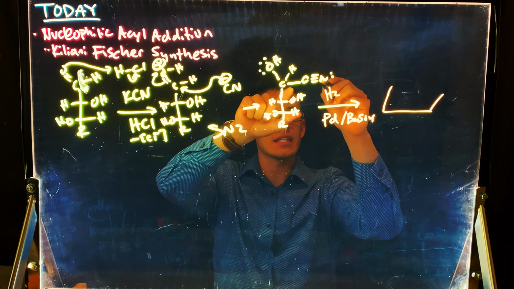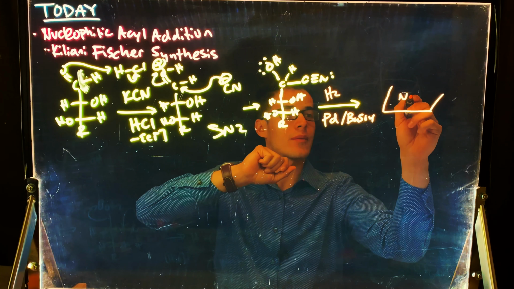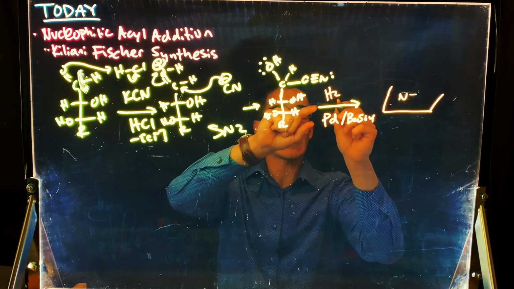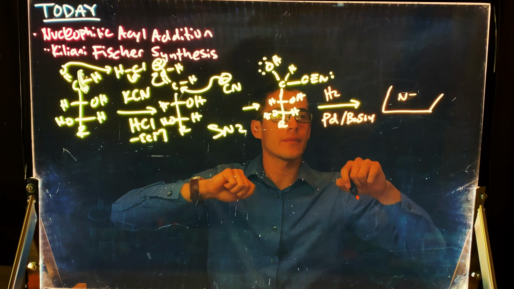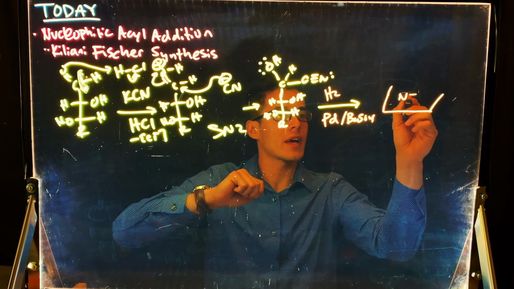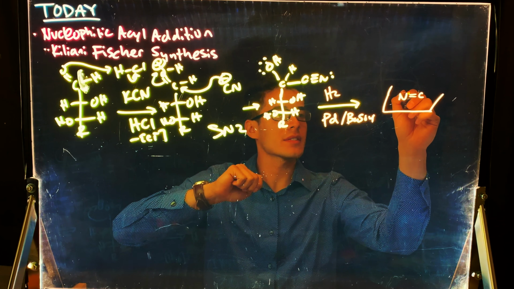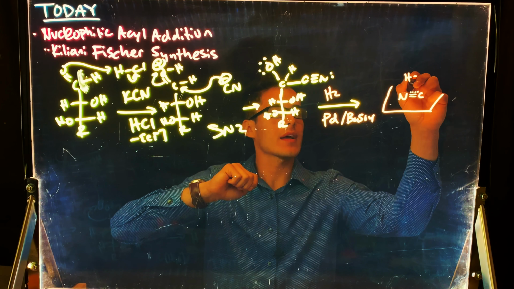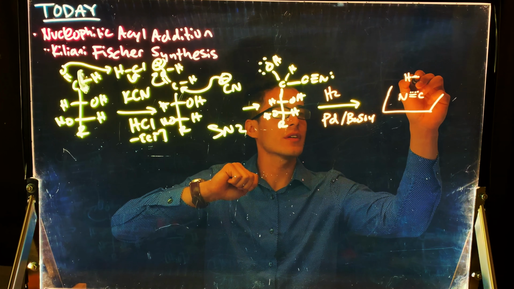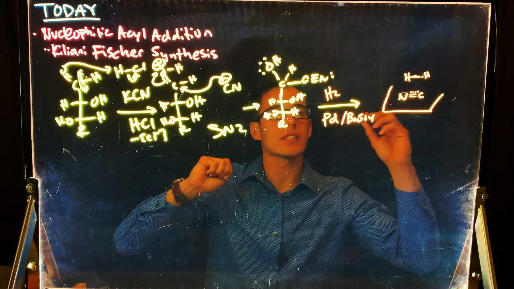Let's focus in on our N triple bond C bond here, because this H2 is going to be adding onto these two atoms right here. We have an N triple bond to the C, and one of these bonds is going to be breaking. This H2 that comes by, these were bonded together, but now the H-H bond is going to be breaking. So we can represent it with these dots.